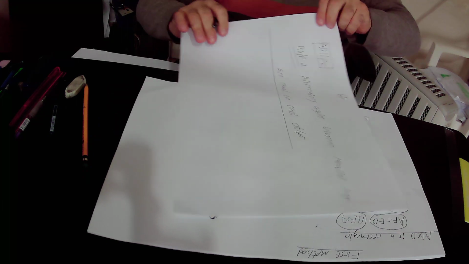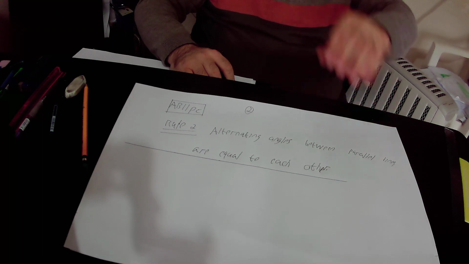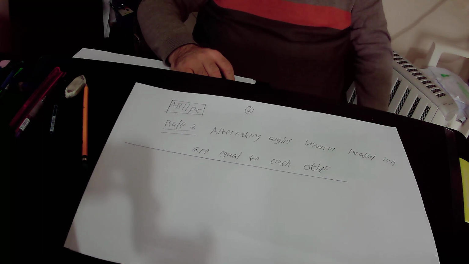I repeat again: according to rule number 2, alternating angles between parallel lines are equal to each other.